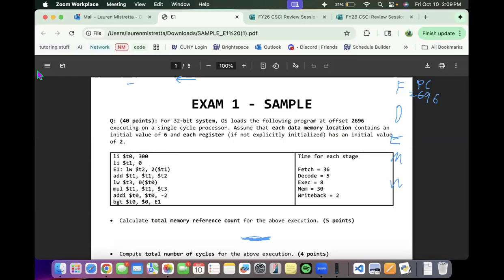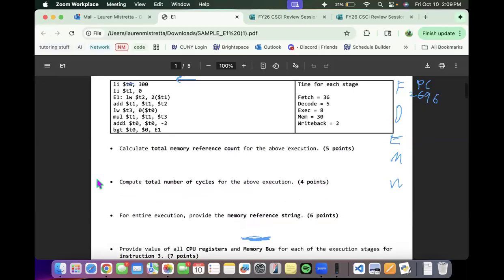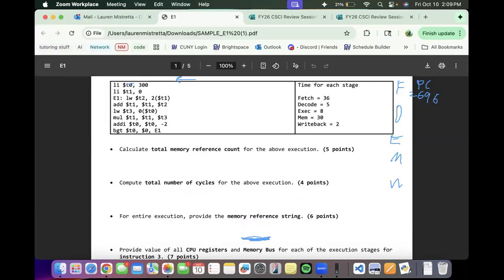So if I were to go until the third instruction, we know here it starts 2696, then from there we're essentially just plussing 4 each time, because the program counter is always +4 on a 32-bit operator.